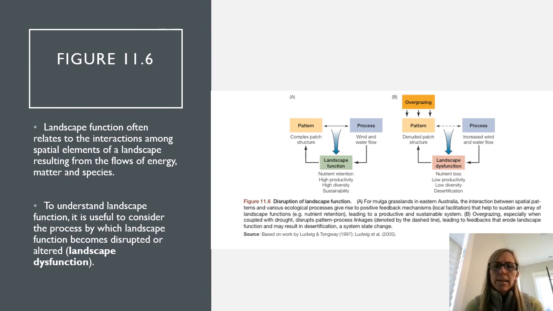The book goes into some discussion of landscape function or dysfunction, and our definitions of landscape function or dysfunction often reflect various perspectives of scientists or economists, sometimes of politicians.